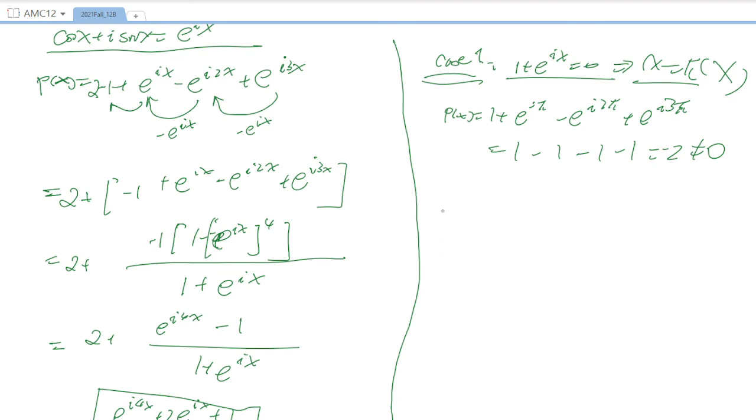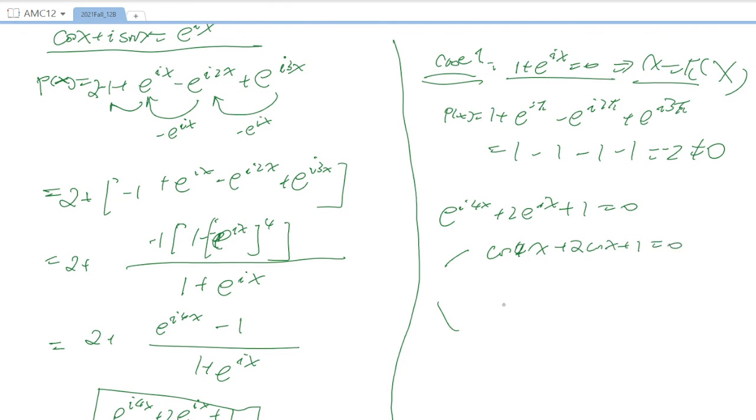So if you want e^(i4x) plus 2e^(ix) plus 1 equals 0, we can split it into two equations. It's cosine 4x plus 2 times cosine x plus 1 equals 0.